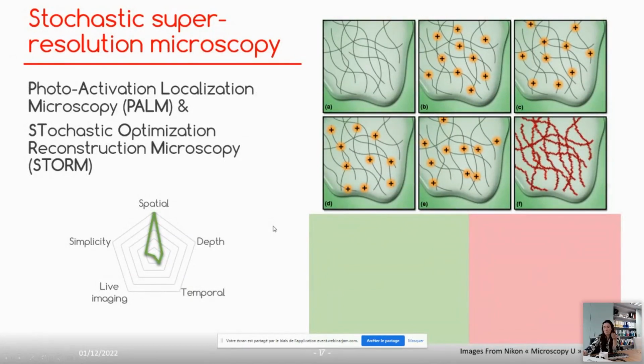Now, if we take a step back and look at more refined, getting better spatial resolution for super resolution fluorescence, the top of the top here is going to be these stochastic techniques: photoactivation localization microscopy, PALM, and stochastic optical reconstruction microscopy, or STORM. These offer the highest possible resolution.